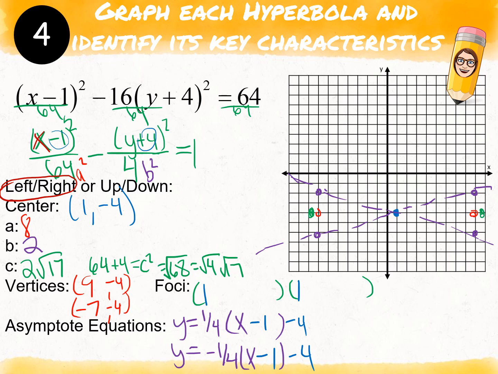From that 1, I added 2 square roots of 17, and I subtracted 2 square roots of 17. And my y value remained the same, negative 4. See how I literally took that center point, I tried to color coordinate, and I just added or subtracted to one of the values. That's going to be the biggest change that you're going to have to really sort of slow down and think about.